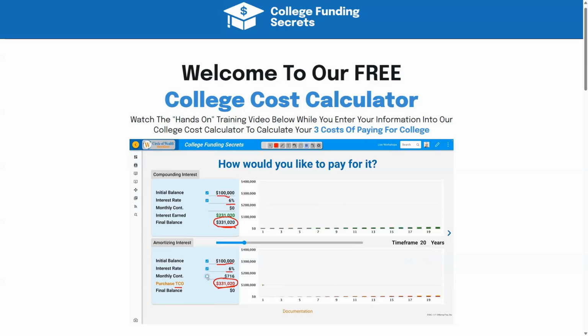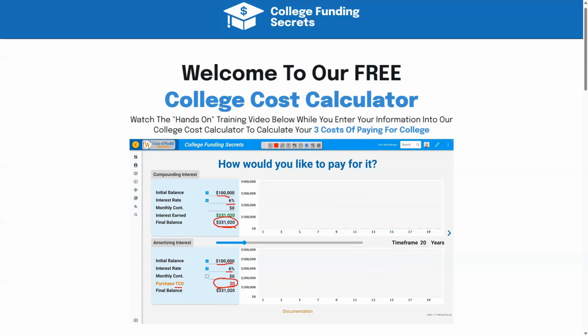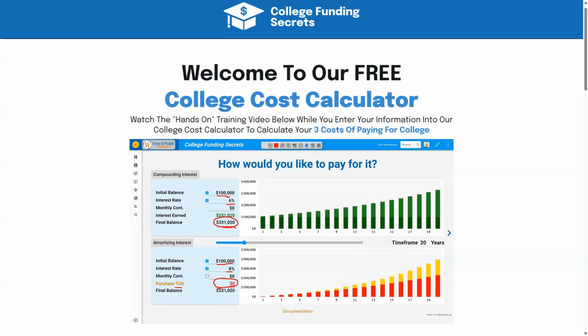Now let's go back over here and put this back to 6% again, okay? But let's just say that we didn't have to make a loan payment. If we didn't have to make a loan payment, it is still going to cost me the same, because now I have more interest if I'm not making any loan payments, which means I have more opportunity cost on all that interest.